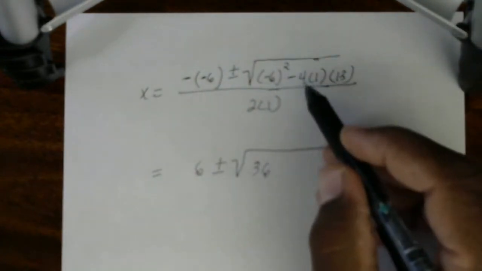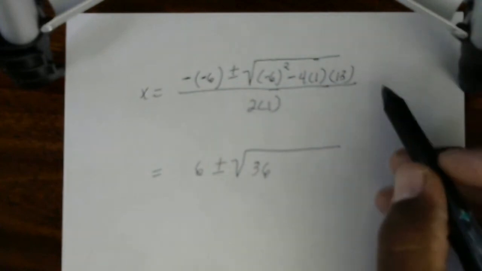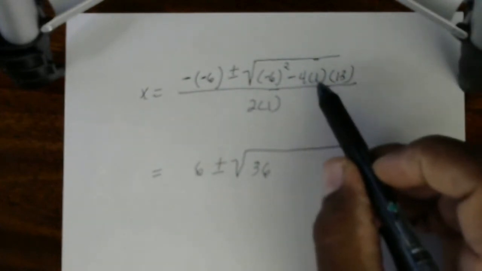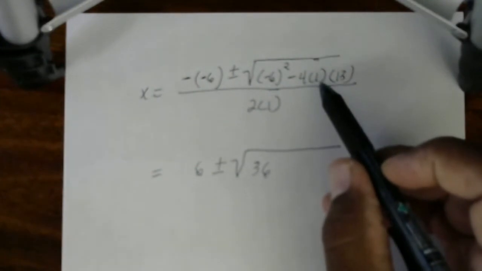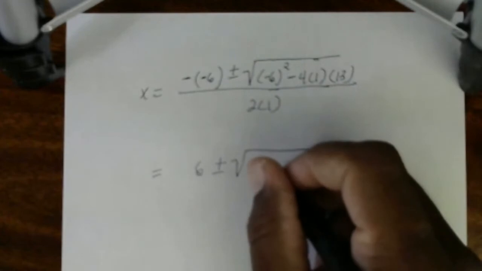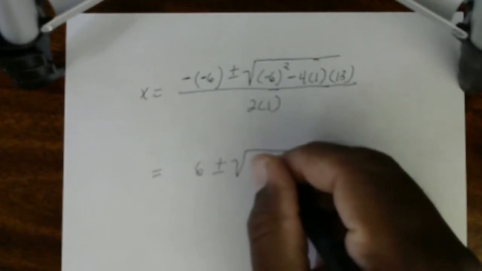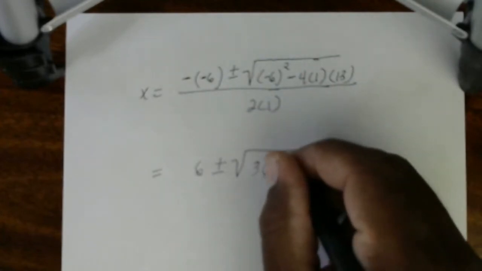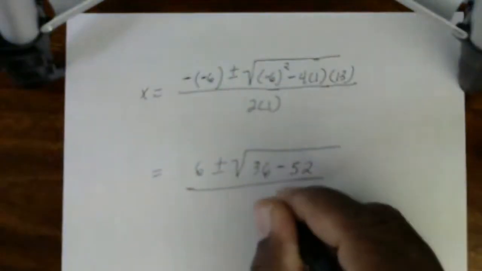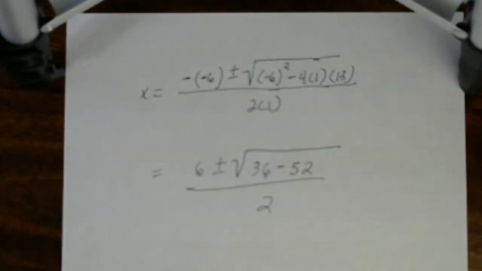And then I'm going to multiply. Right, -4 times 1 is -4. -4 times 13 is -52, all over 2.